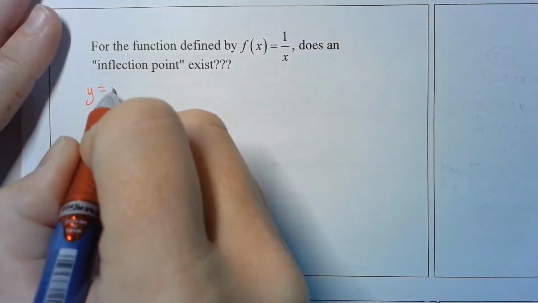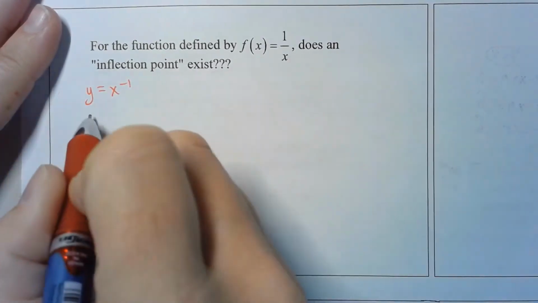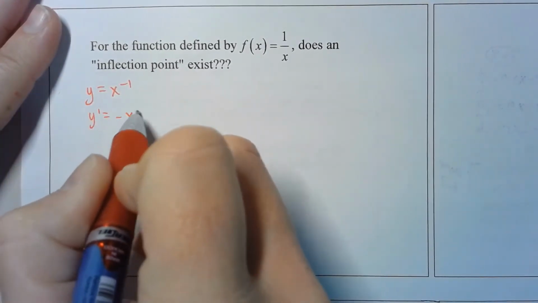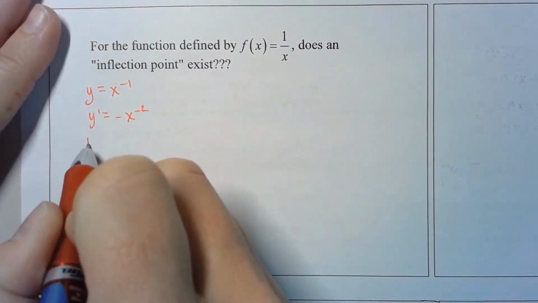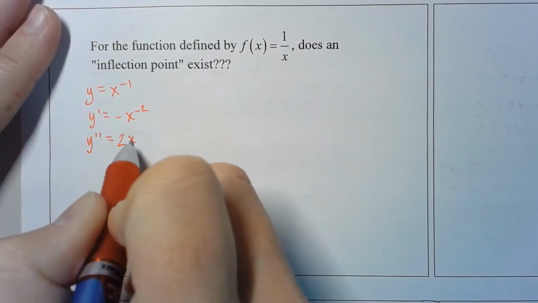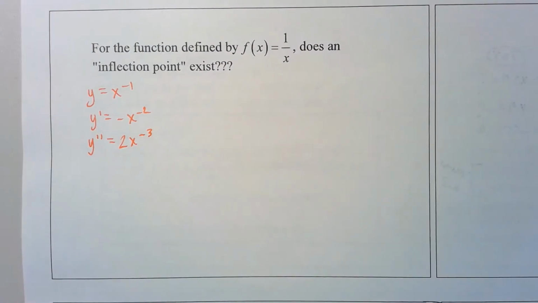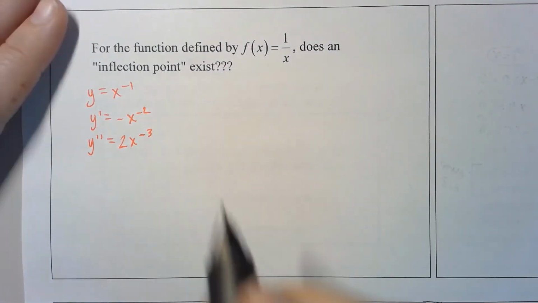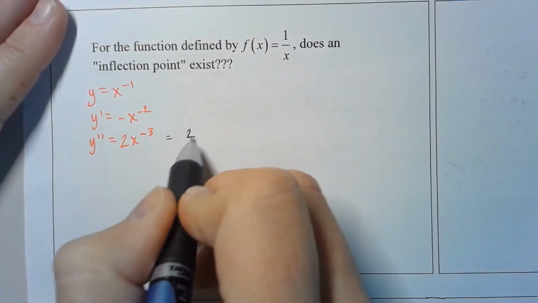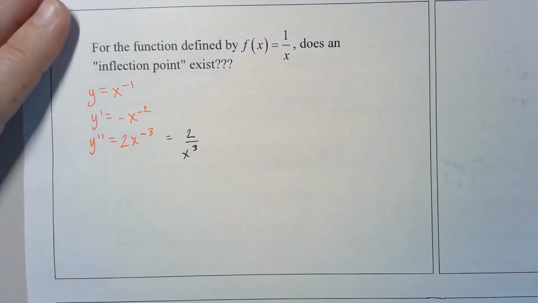If y equals x to the negative first, y prime equals negative x to the negative second, y double prime equals 2x to the negative third, which, let's clean that up. So we have 2 over x cubed.